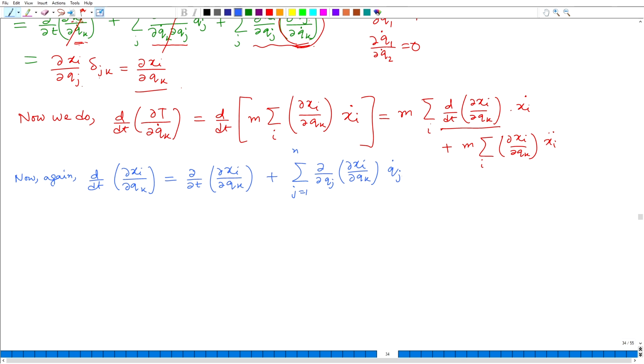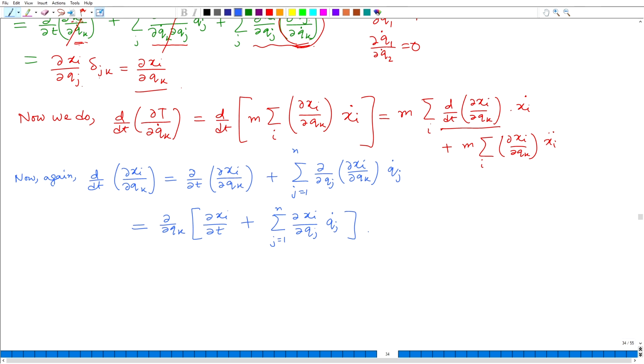If I can write this, I can do some permutations and finally say this is ∂/∂q_k of ∂x_i/∂t plus, again the permutation would become, summation over j from 1 to n of ∂x_i/∂q_j times q̇_j.